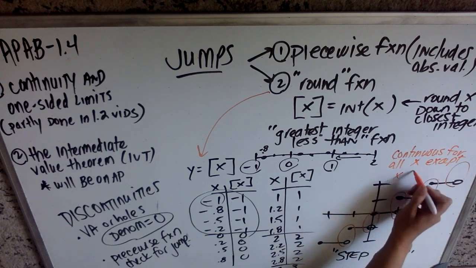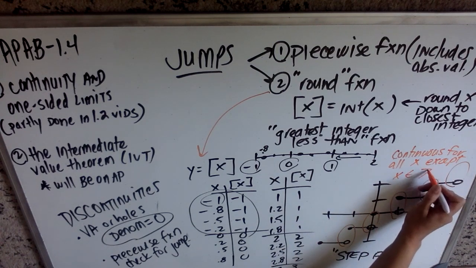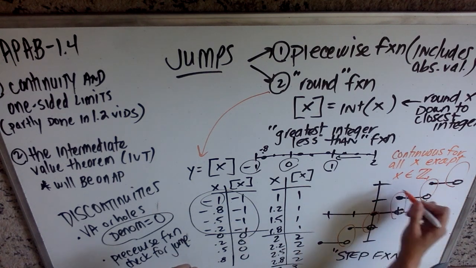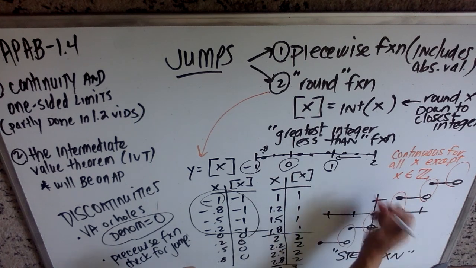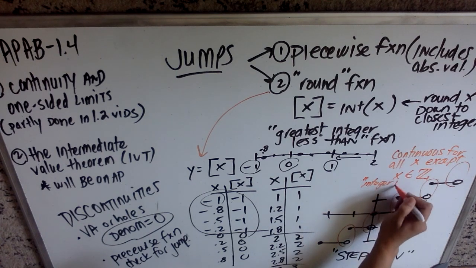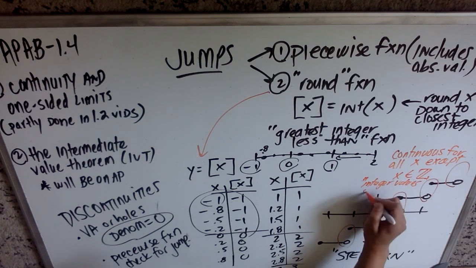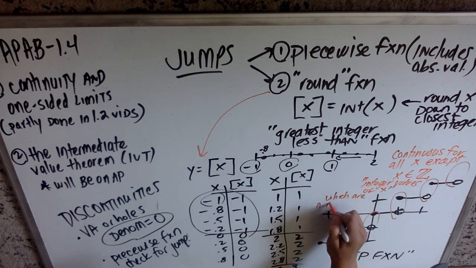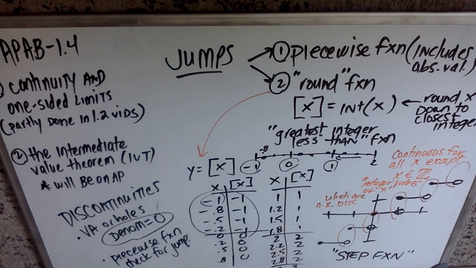I could write it as x is an element of Z. Okay, so Z is the mathematical abbreviation for the set of numbers that are integers. The other way to write that, if you're like, hey, Hogan, I don't like this, that's too mathy, is except for integer values of x, which are non-removable discontinuities, right? Because there's a jump at every single integer value of x.